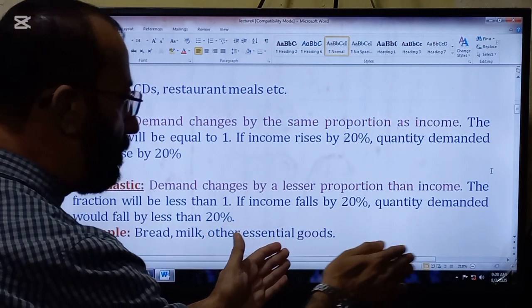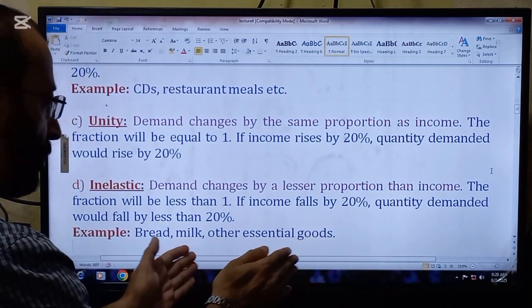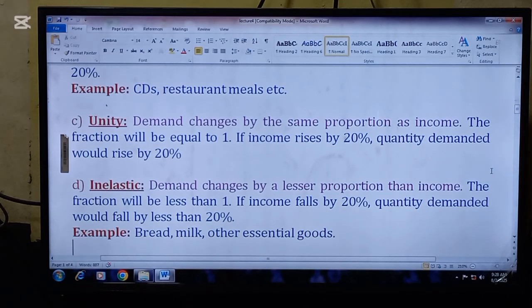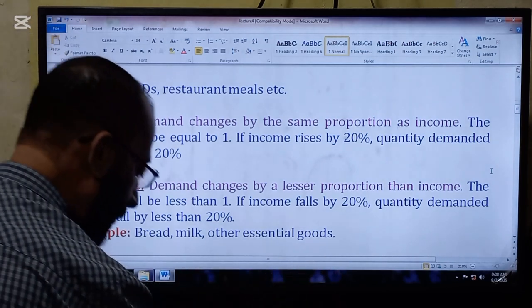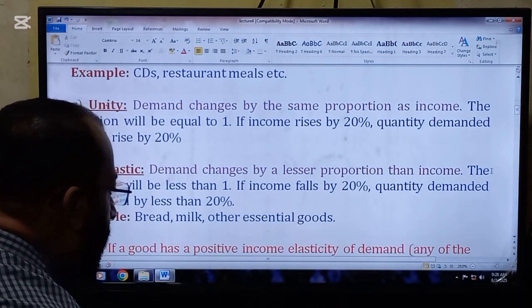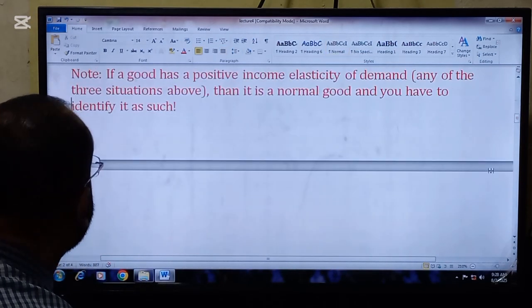So the change will be lesser than 20% because the things are necessity or habit forming. For example, bread, milk, other essential goods, for example, cigarettes, petrol, etc.